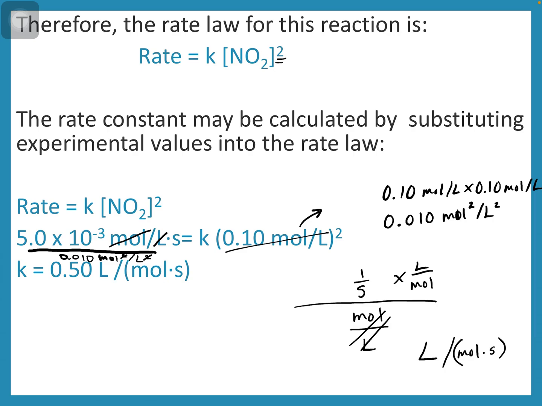So the k value here, the rate constant, is equal to 0.50 liters per mole per second. And so when I rewrite my rate law now with that constant in there, the rate for the reaction of carbon monoxide with nitrogen dioxide is equal to 0.50 times the concentration of NO2 squared.